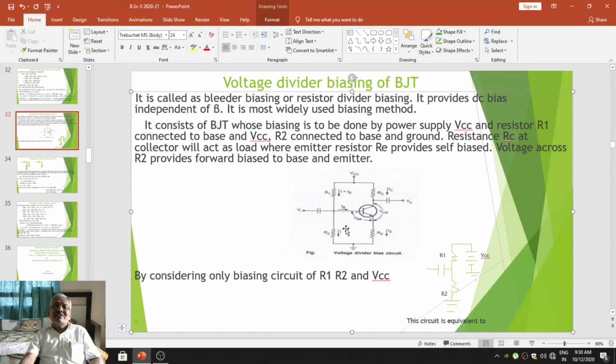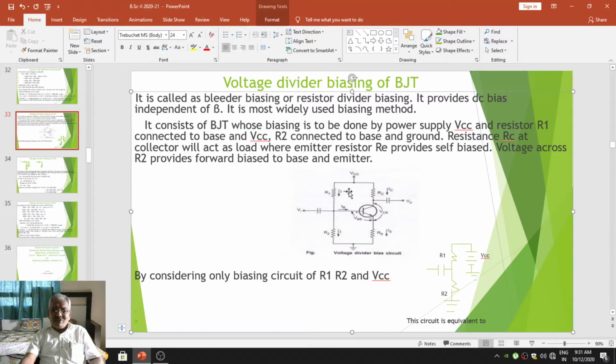The important thing is that the voltage across R2, whatever is generated, is equal to R2 upon R1 plus R2 into VCC, that is applied between base and ground. This will set the proper value of IB. Whereas the equivalent resistance of R1 and R2, even though they are connected in series, seems to be in parallel.